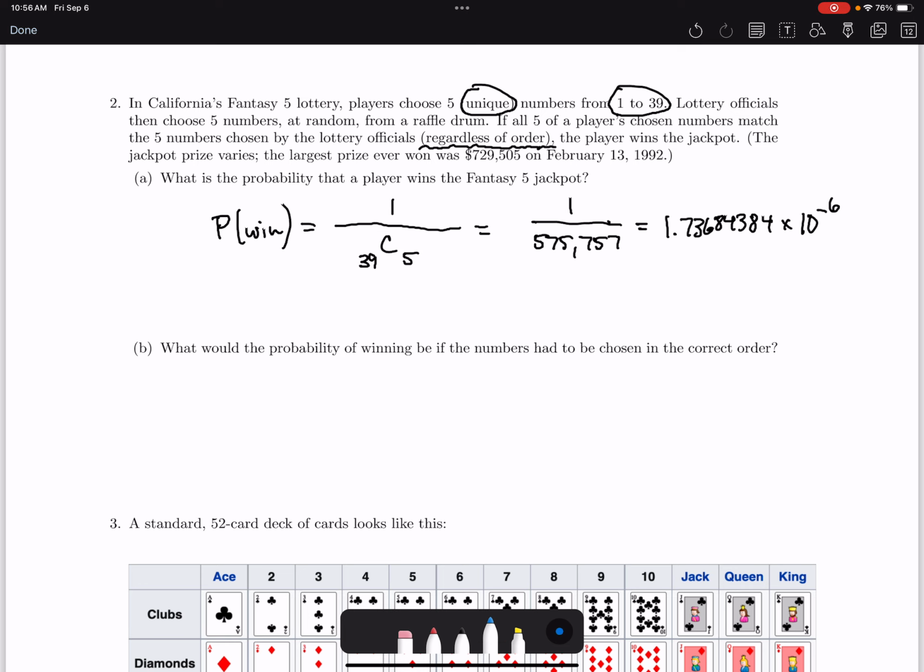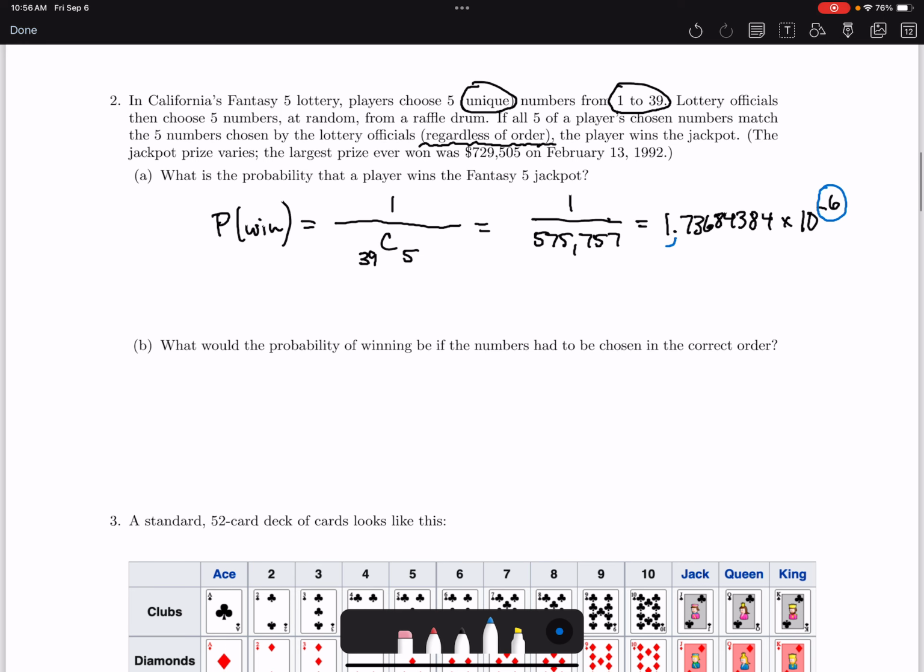Notice that this time the exponent is a negative number, which means instead of moving this decimal to the right 6 times, we're going to move the decimal to the left 6 times. So if I move the decimal 1 time to the left, then it ends up right there. But I've got to move it 5 more times, which means I'm going to have 5 zeros and then the rest of these digits. Okay, so this is the answer in scientific notation.